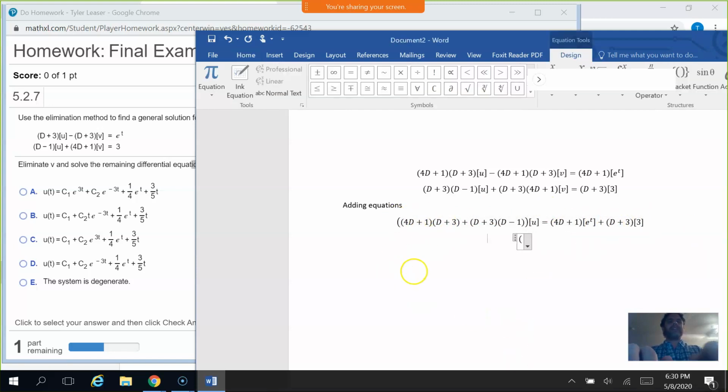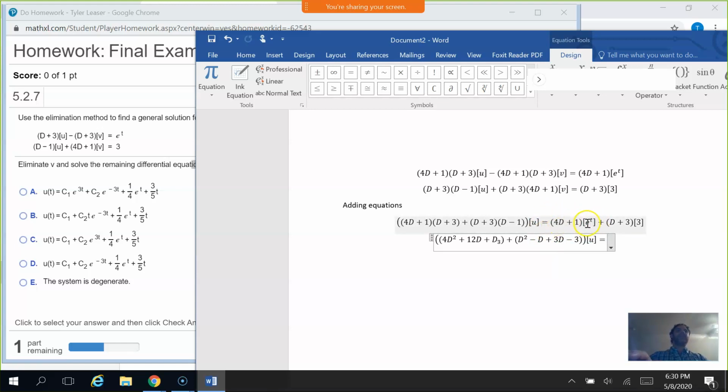First, multiplying all this stuff out, so just foiling these together. Foiling the other one together. That all acting on u. On the right-hand side, 4D acting on e to the t.